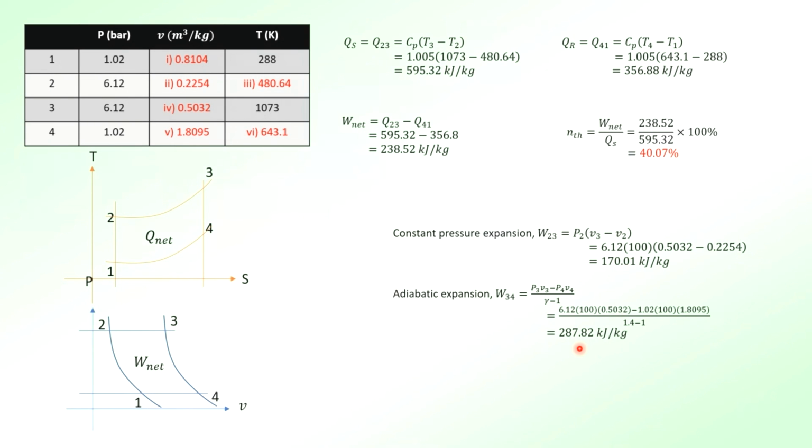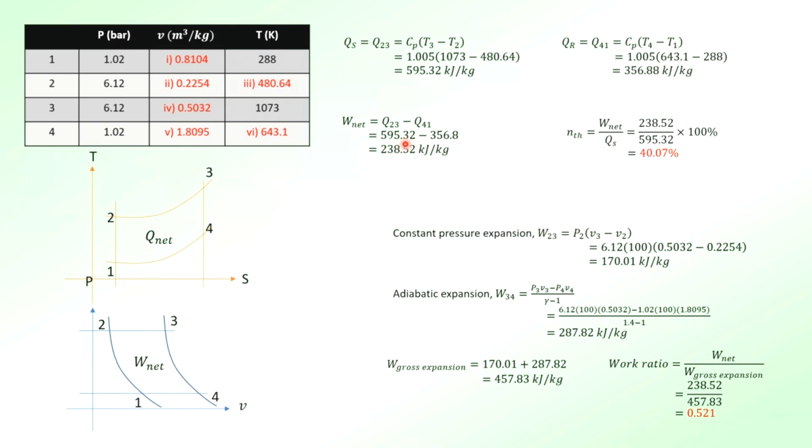So you can find both expansion works. You add up both expansion works to give you the gross work expansion. Remember, work ratio is defined as net work out over gross work expansion. That is why we need to find out the gross work expansion.